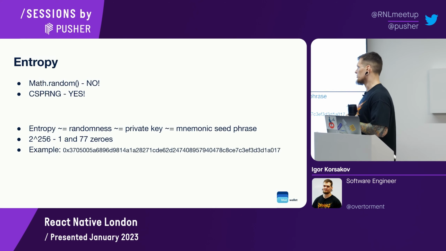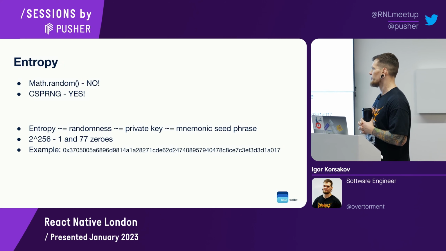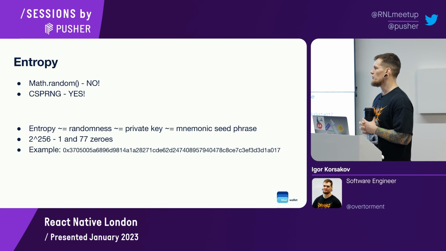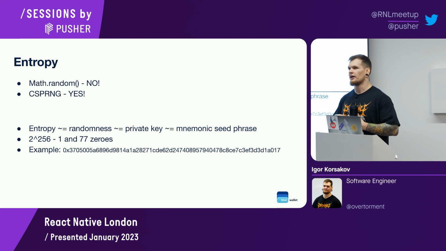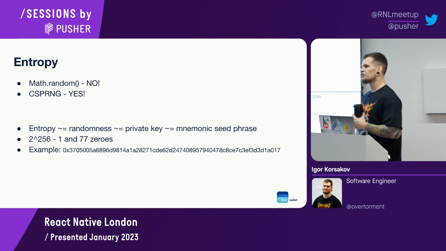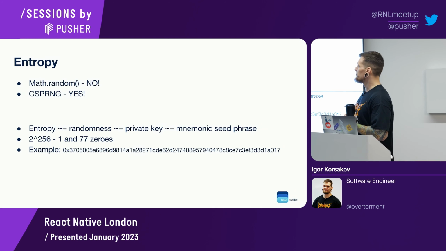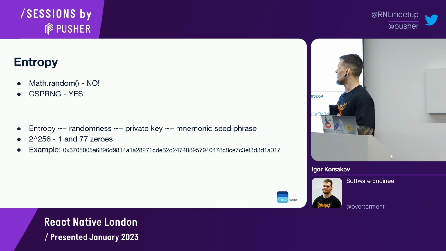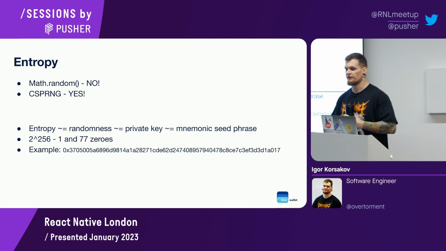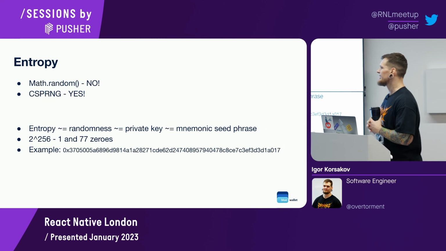So usually when you access a general purpose random function, you access some kind of counter that counts something all the time, then it overflows, and then it starts again. And this makes it extremely predictable. So the first big no is: don't use a general purpose random function from your environment, because it's extremely guessable.